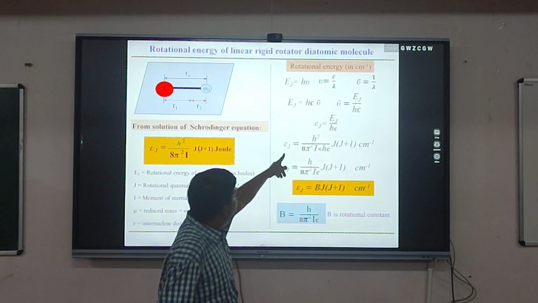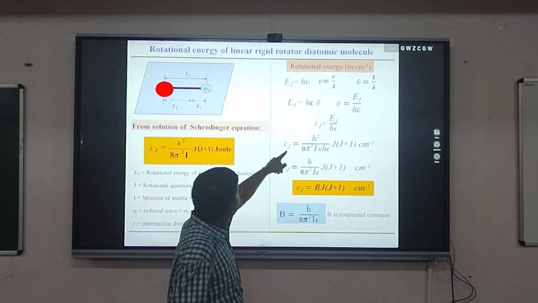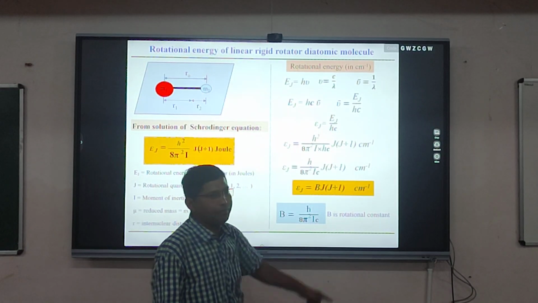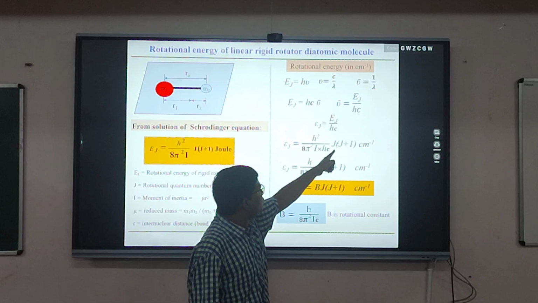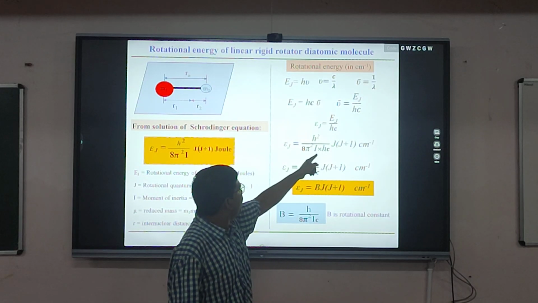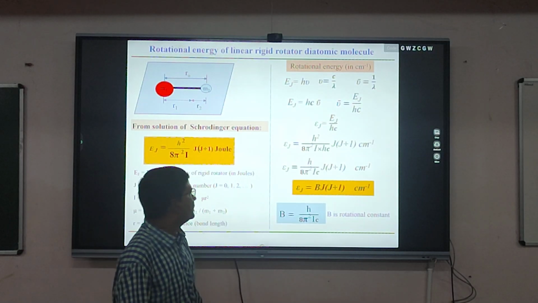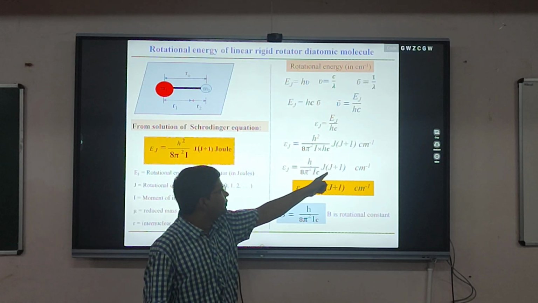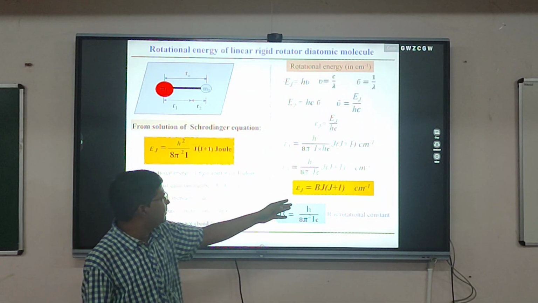Then Ej equals h squared over 8 pi squared I into J into J plus 1, divided by hc. Then one h will cancel. Epsilon j equals h over 8 pi squared I c, into J into J plus 1, per centimeter.